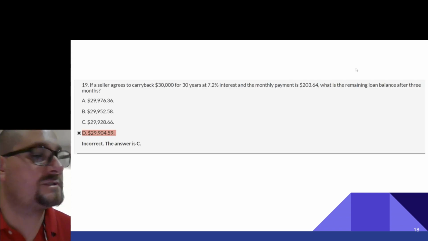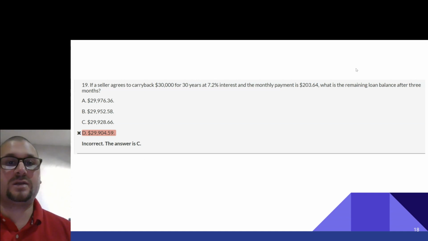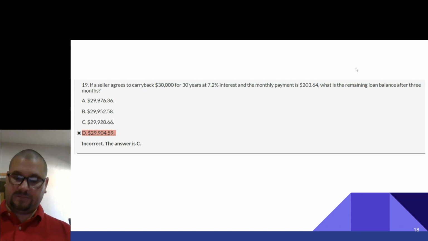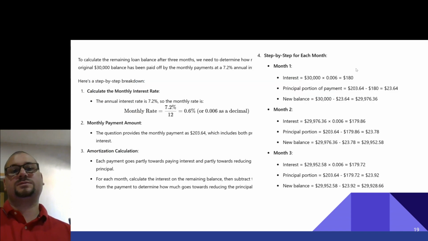So again, if a seller agrees to carry back $30,000 for 30 years at 7.2% interest, and the monthly payment is $200, what's the remaining loan balance after 3 months? Right away, you need to get 7.2% into monthly: 7.2% divided by 12, and you get 0.6%.